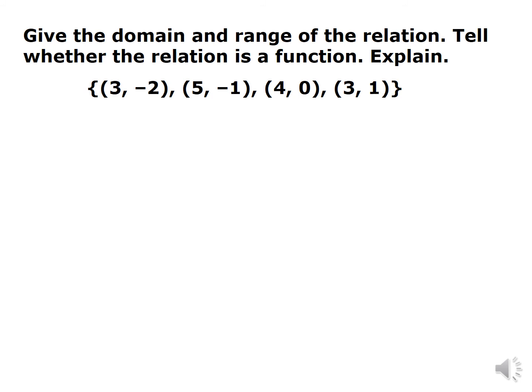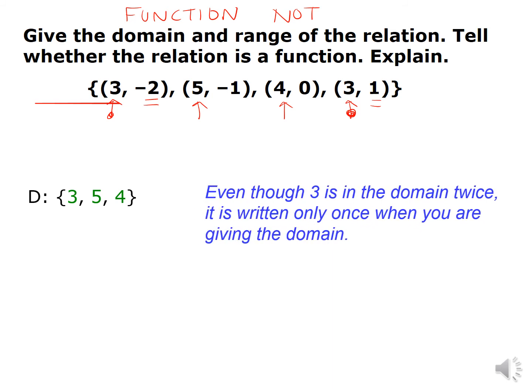Okay, so again, first thing we're going to ask, is this relation a function? So I look at, do any of my x's repeat? And I see right away that this one repeats, so I double check. Oh, it does have a different y, so this is not a function. But I still have a domain and range, so I've got to find it. For the domain, you only have to write the number once, so you just write the domain values that are there that are not repeated.